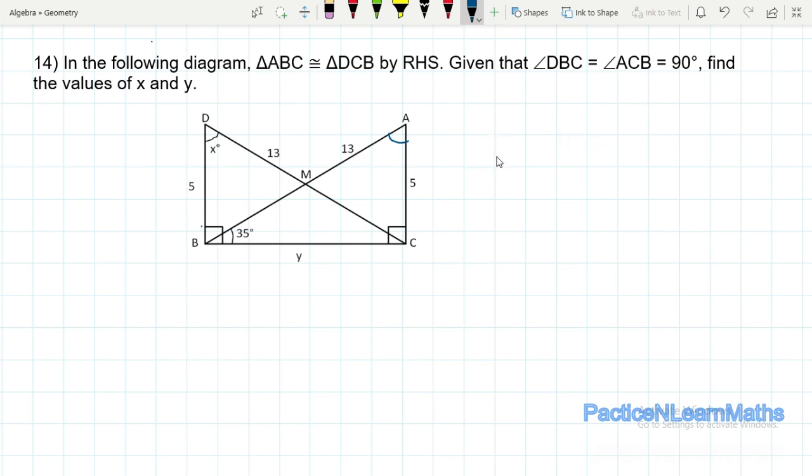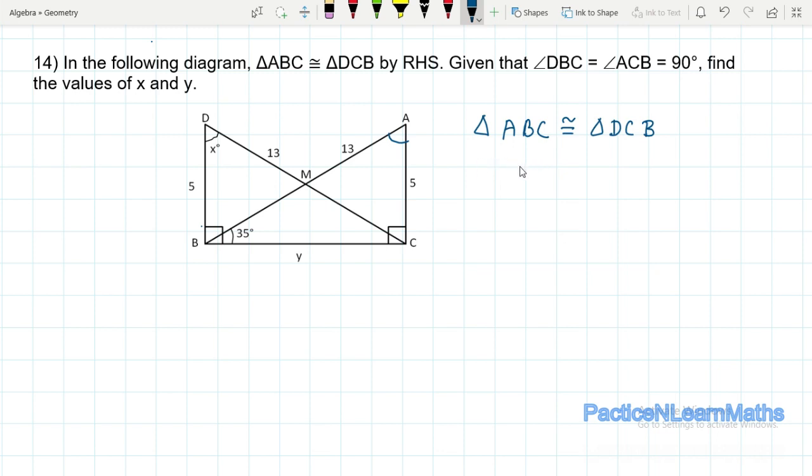Okay, this sum is a little difficult. Triangle ABC is congruent to triangle DCB, and you see they are crisscrossing, they are intersecting at one point.